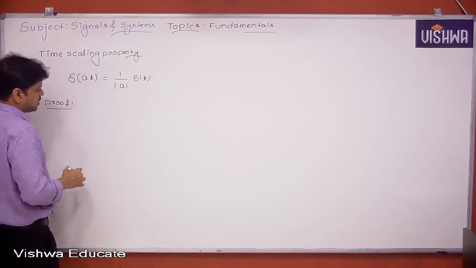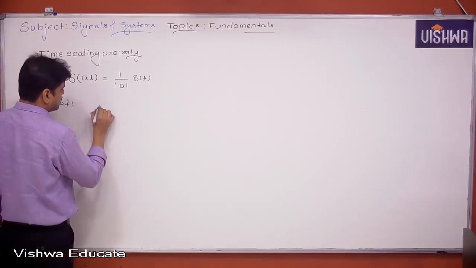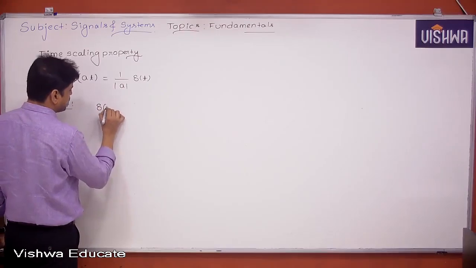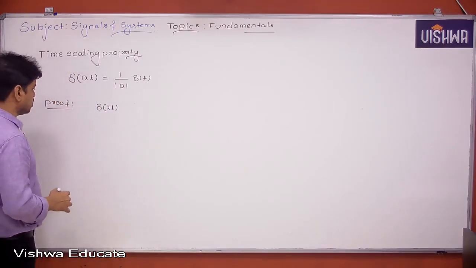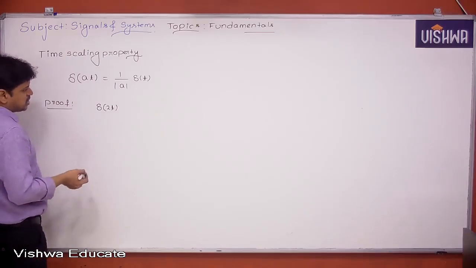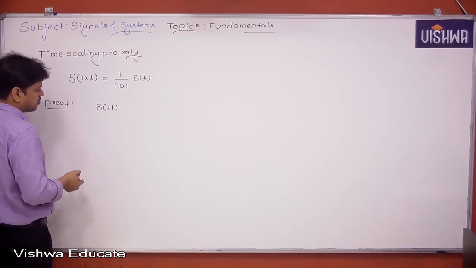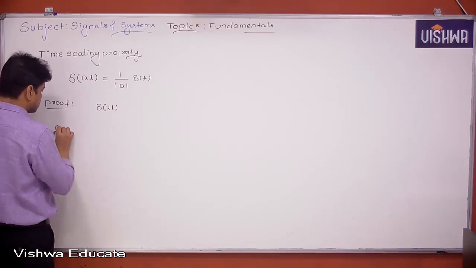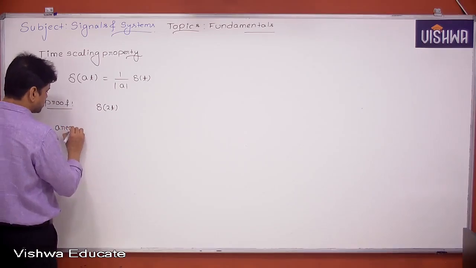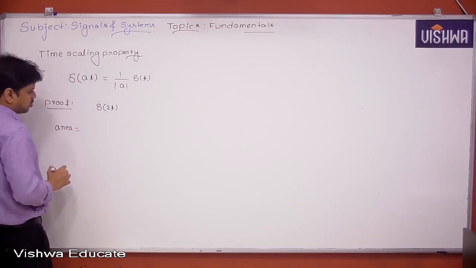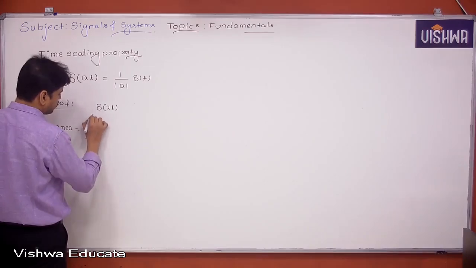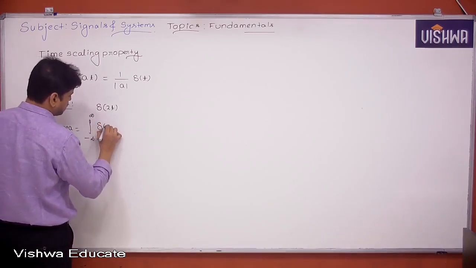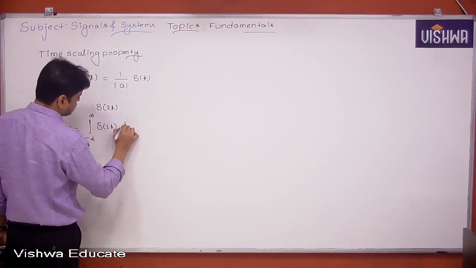Suppose I take delta of 2t. In place of a, I have taken 2. So this function is also existing at t equal to 0 only, but I am trying to find the area. Area is equal to the integral from minus infinity to infinity of delta 2t dt.